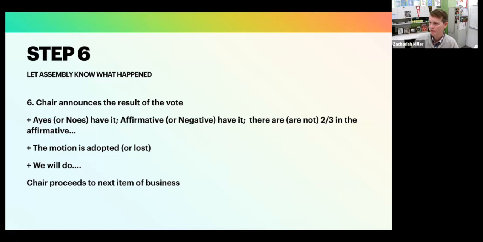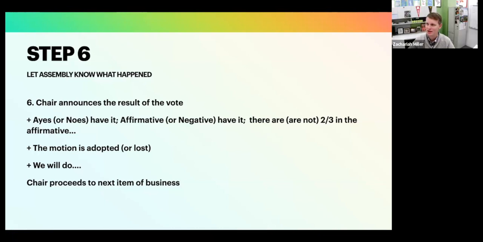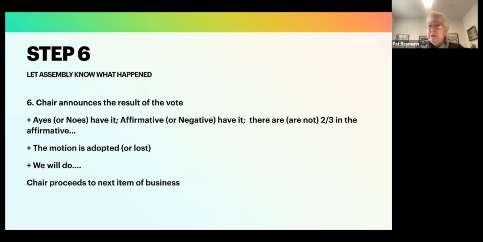Okay, thank you, Pat. There's another question submitted by myself. Are members allowed to introduce a motion for the chair to put the question to a vote? You mean to stop debate and put the question to a vote right now? Yes, there is a motion for that, and that's one of the ones we're going to be talking about next week.